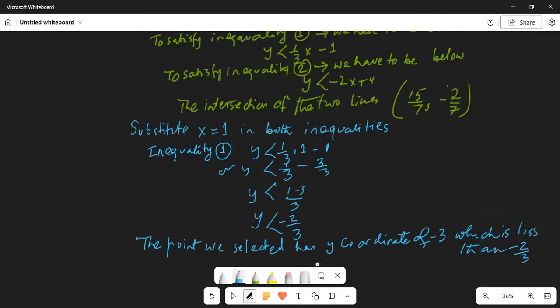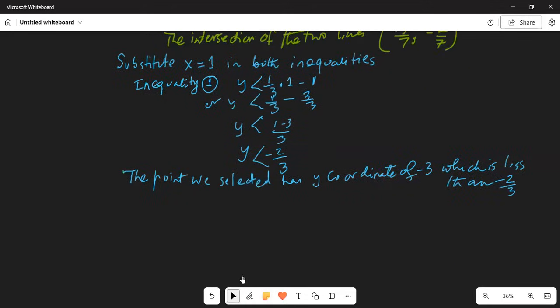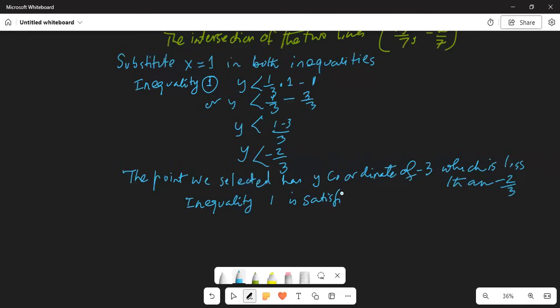So inequality 1 is satisfied by the point 1, minus 3.